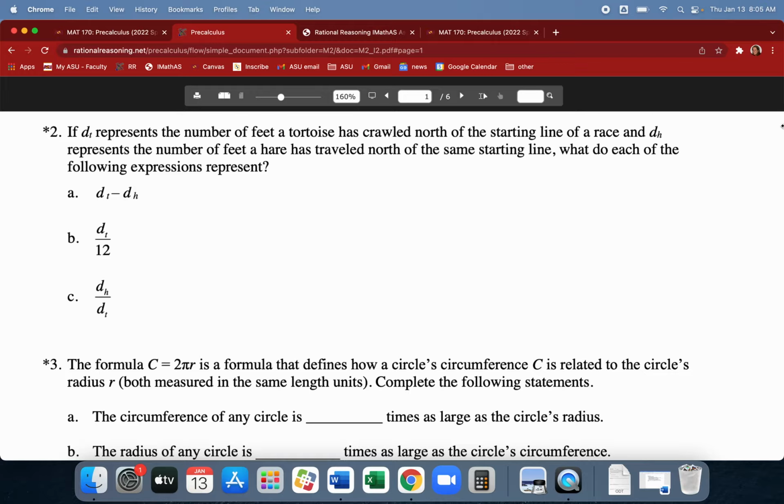So after you've had a little chance to work on these, I'm going to ask for more individual input on these, as opposed to me doing most of the talking. I want you to get some practice at describing.